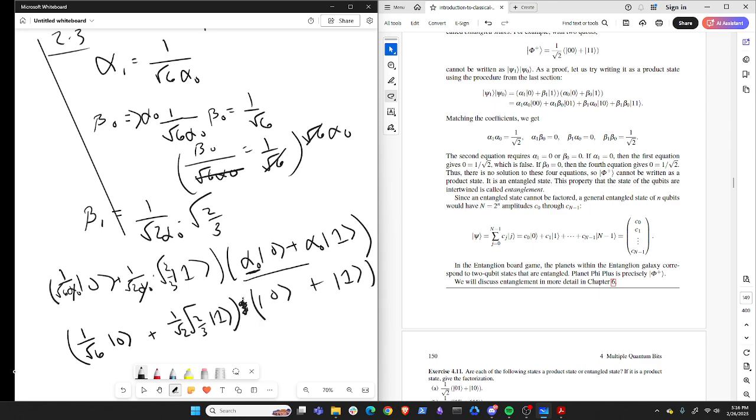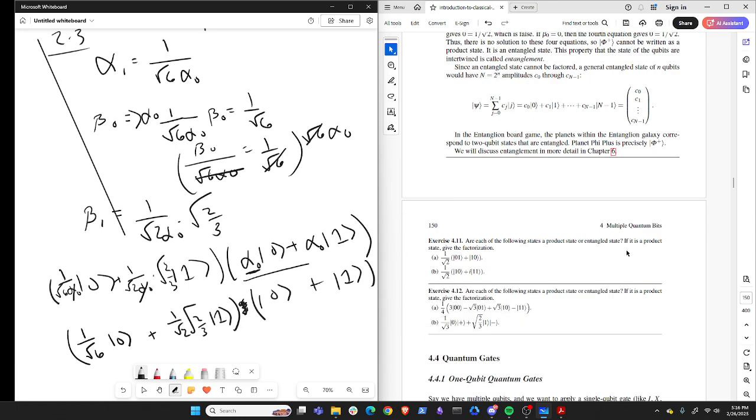Let me verify that just in case I went off the rails here. This is 4.12a. Oh, that's right. So because this is not normalized, we have to do similar to what we did before.